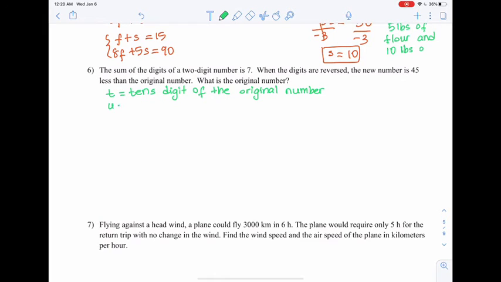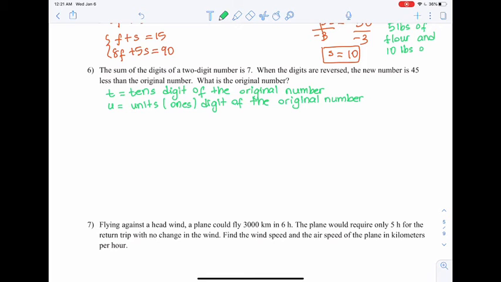And I'm going to use U for the units or ones digit of the original number.